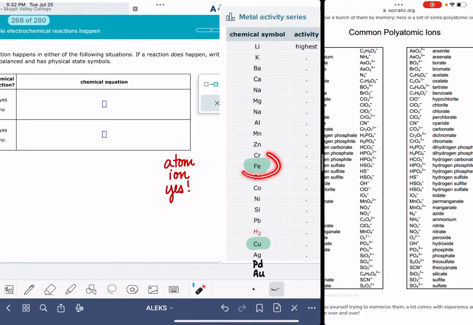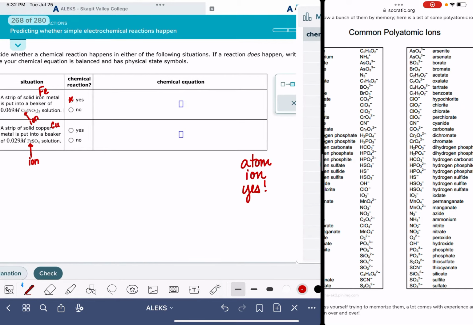Copper is below iron, and so that means that they are not going to react. So again, if the element that's in the atomic state is higher on the activity series than the element that's in the ionic state, then yes, a reaction is going to occur. If the element that is in the ionic state is above the element that is in the atomic state, then no, a reaction is not going to occur.